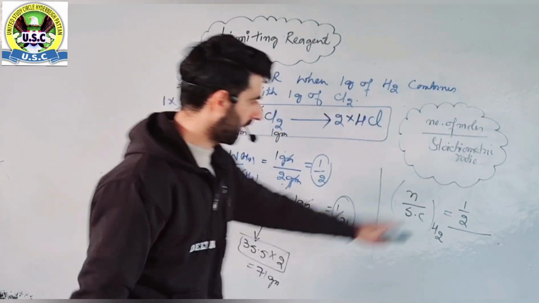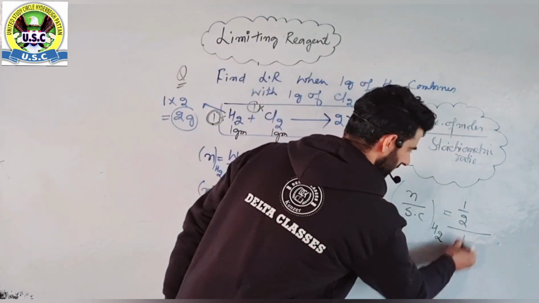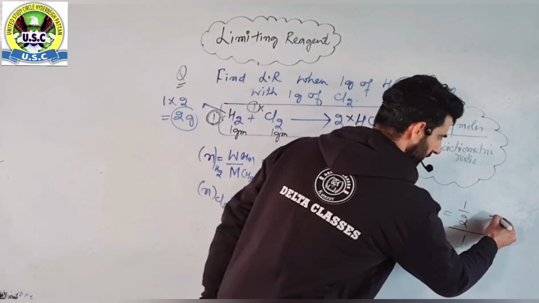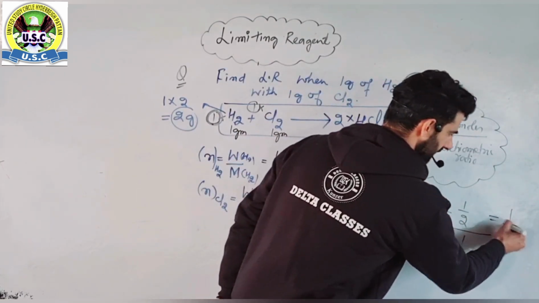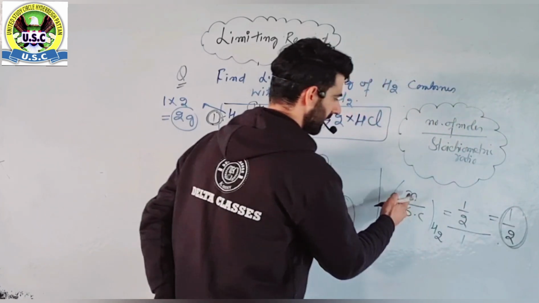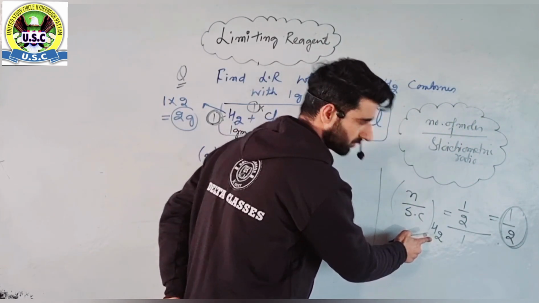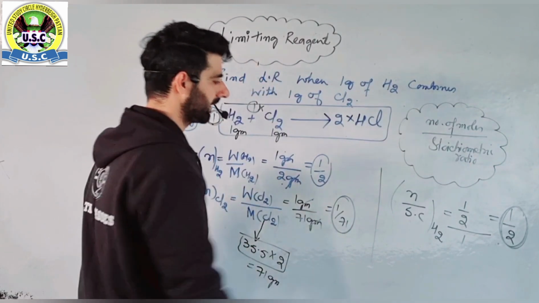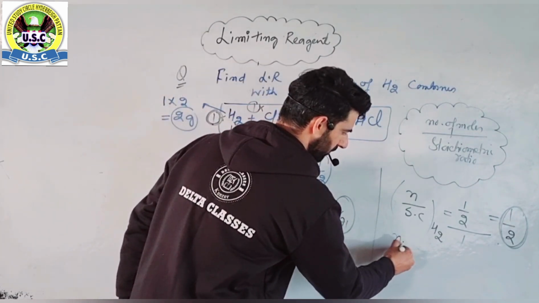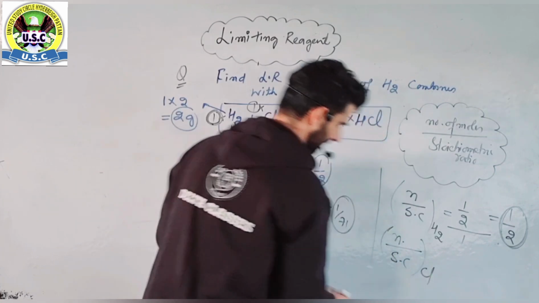So 1 by 2 is the number of moles and 1 is the stoichiometric coefficient of H2. When we calculate this, it is 1 divided by 2. This gives us the ratio of the number of moles to the stoichiometric coefficient of H2.